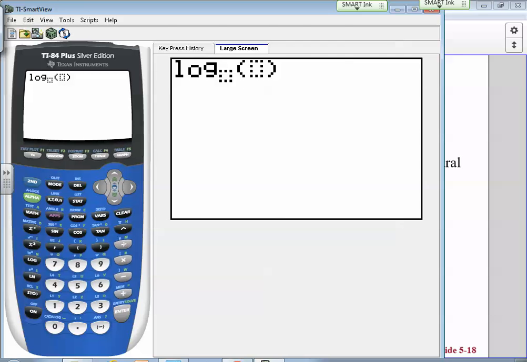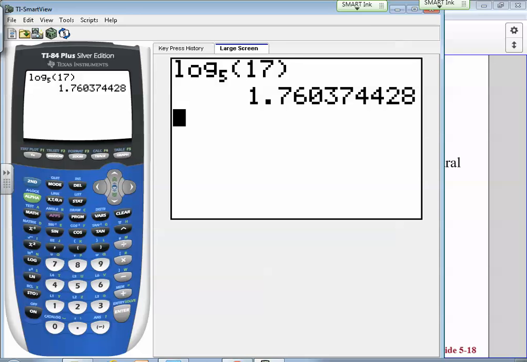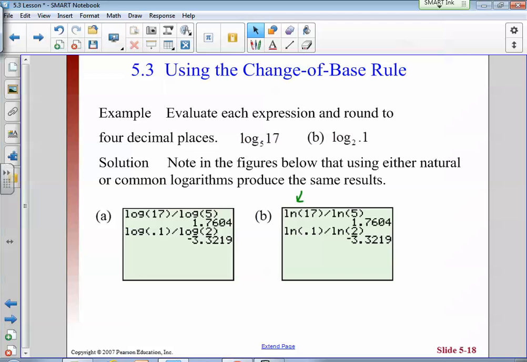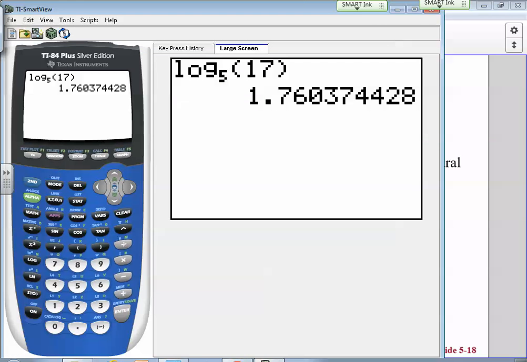Put that in, and you get this on your screen. So log of base 5, and then I'm going to put it to 17, enter, same thing they got, right? Same thing they got here, same thing we got there. So it's an easy way to do it. It looks just like the problem you have from the book.